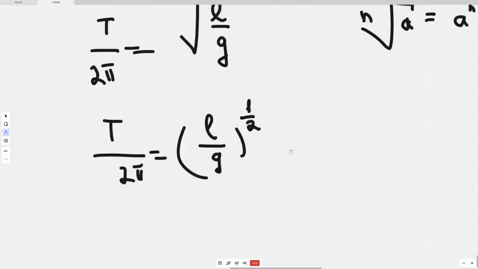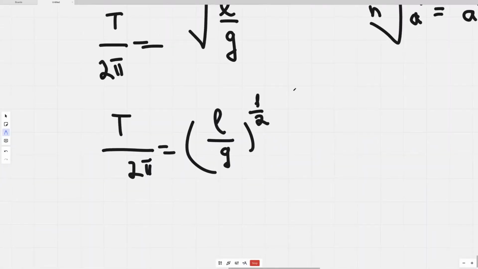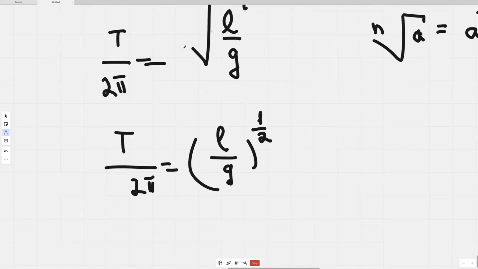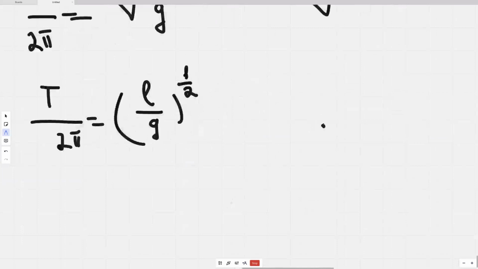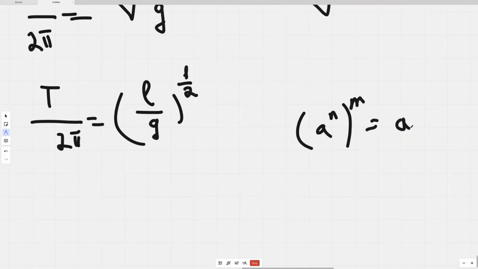To take out the root in L over G, we have to double the powers on both sides, right? Because A to the power of n, then to the power of m, means A to the power of n multiplied by m.